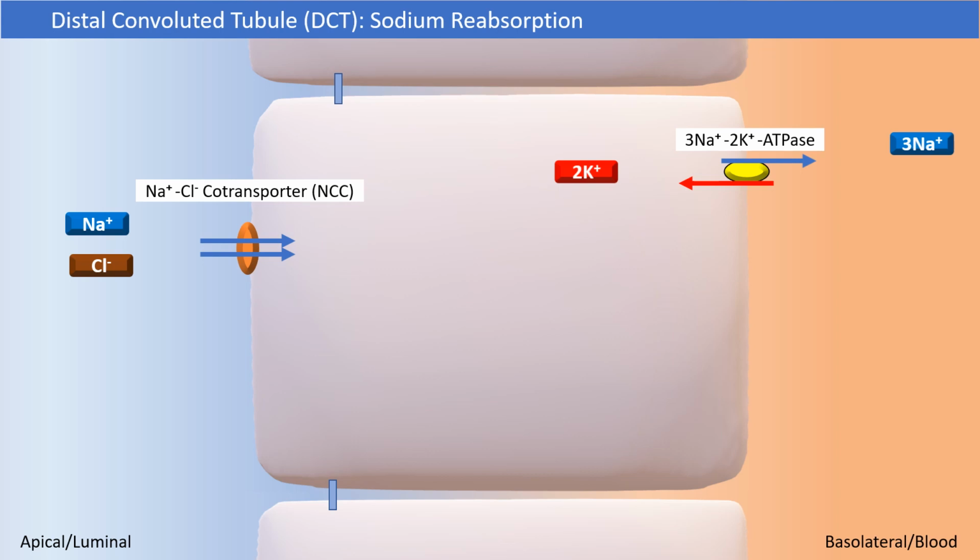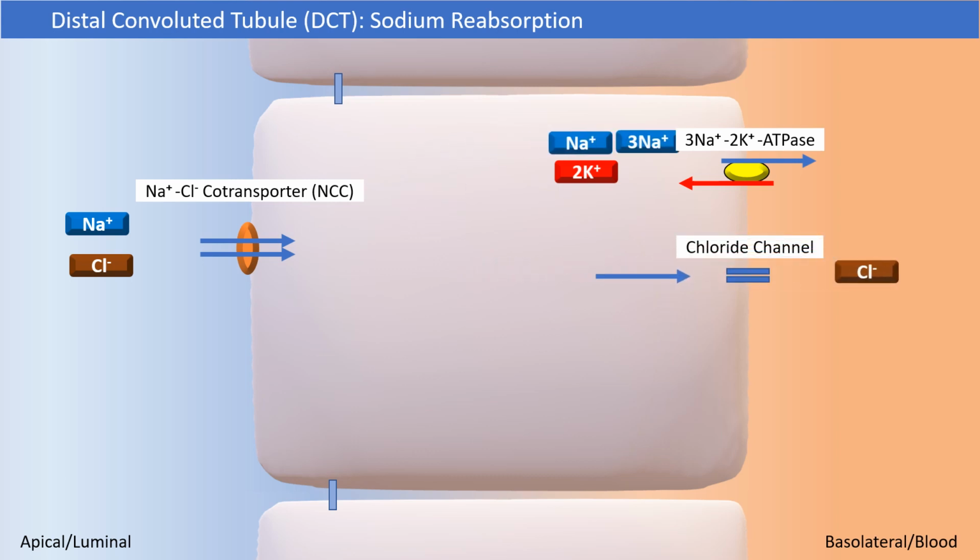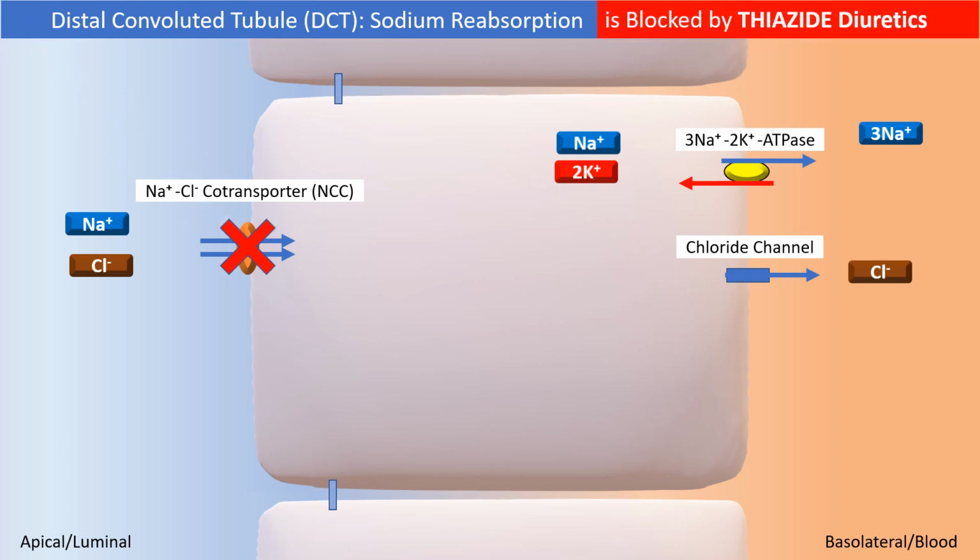NCC reabsorbs filtered sodium and chloride back into circulation. Sodium reabsorption here can be blocked by a class of diuretics called thiazide diuretics. Because of this, NCC is also referred to as the thiazide-sensitive channel.